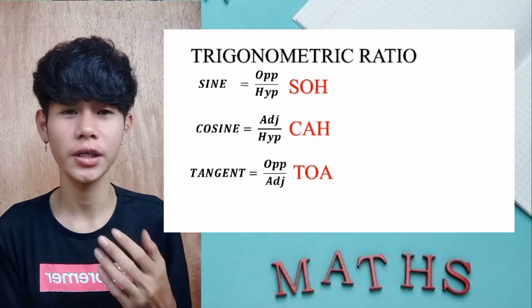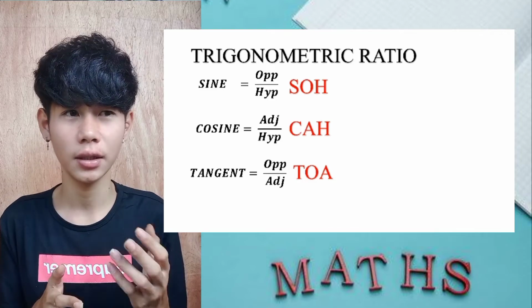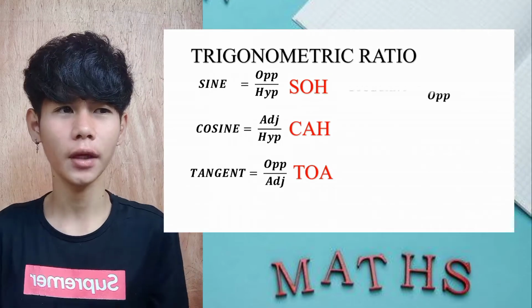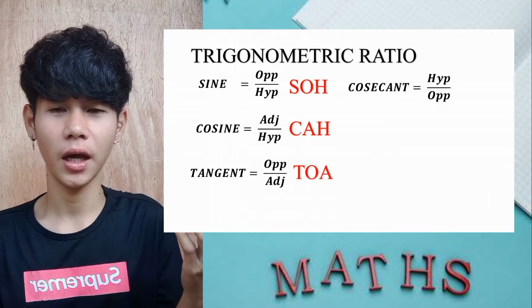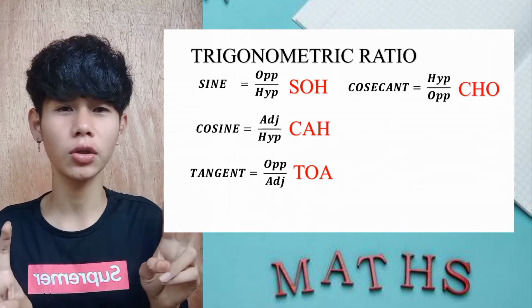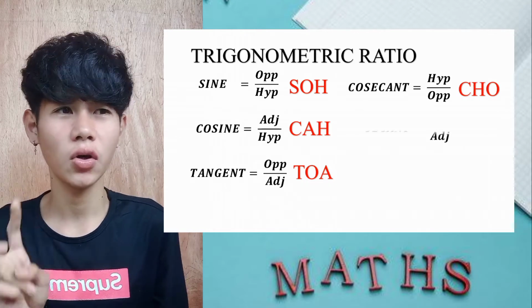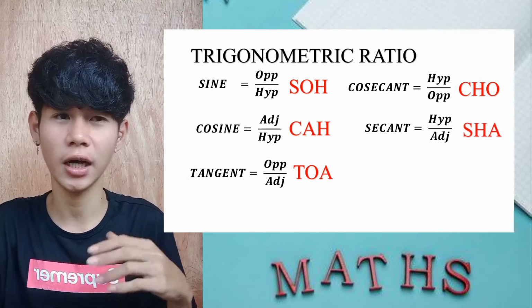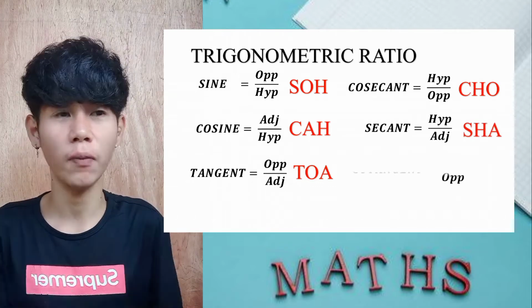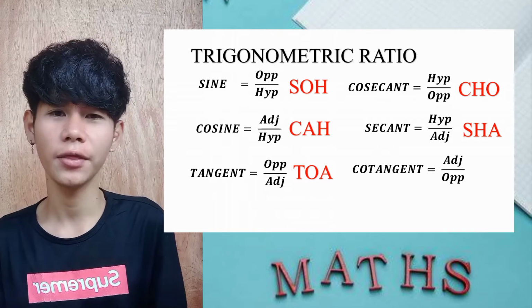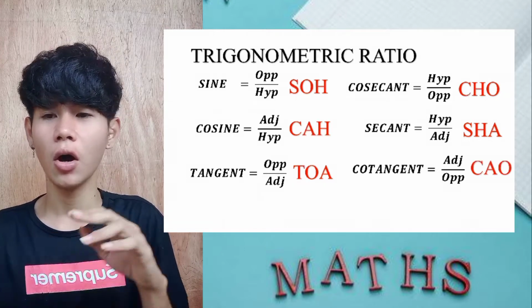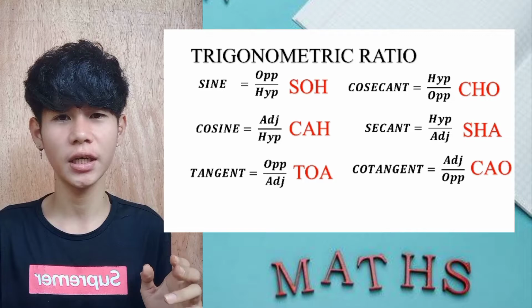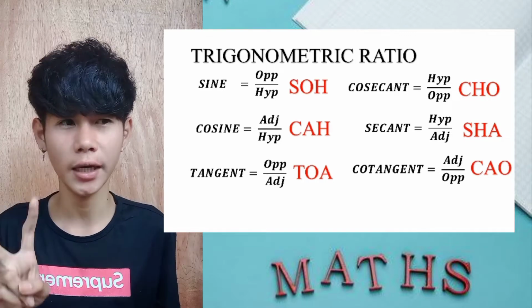And also there are inverses of those ratios. The inverse of SOH is the cosecant, which is hypotenuse over opposite. Then secant equals hypotenuse over adjacent, the inverse of cosine.